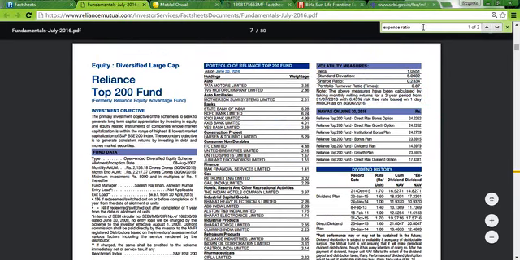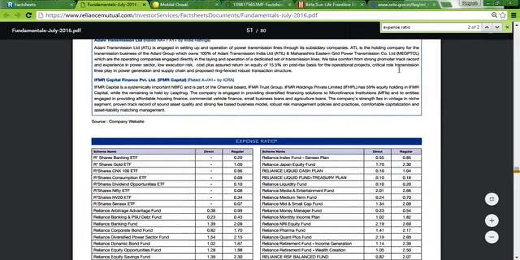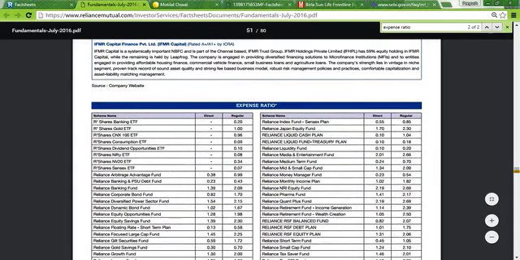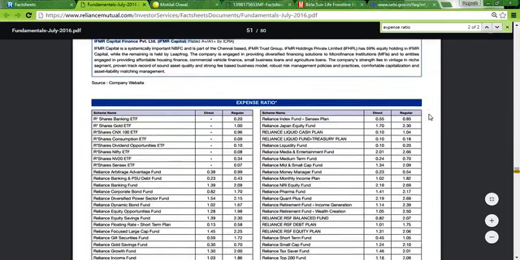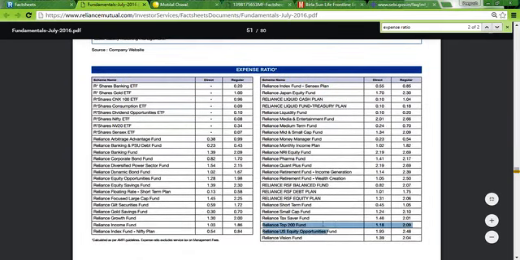Let's look at expense ratio and let's search for expense ratio here. Towards the end, they have basically given the expense ratio for all the funds, right? So that's my Top 200 Fund here, and expense ratio. Look at the difference between the direct plan and the regular plan.